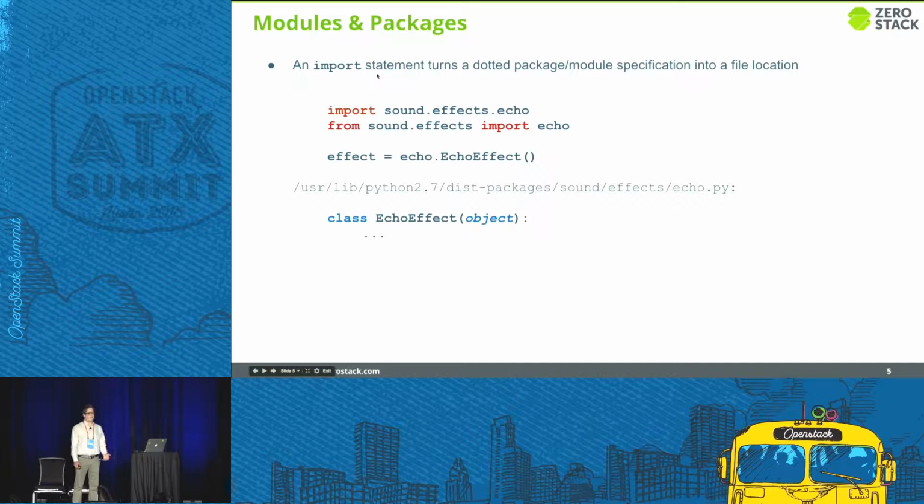The second one is a way to import echo directly without having to do all that typing. In this example, we have a class called echo effect, and it's located in that location there. So when Python saw my import statement, it searched through and found that location.